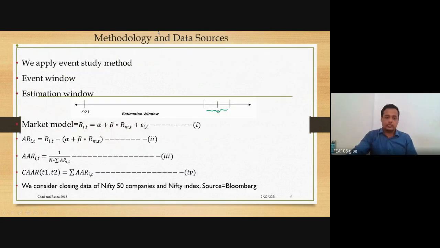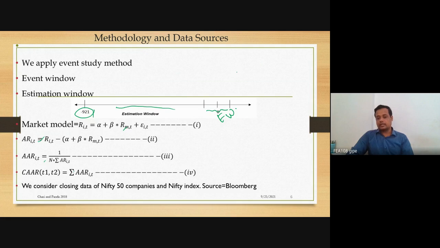So if you come here, in one case, suppose 921 days you are taking as estimation. Minimum 200, 240, 250 you can take. You can take a longer period, but this will be your estimation window. Then this will be your event window. Now you apply the market model, get the abnormal return, then the average abnormal return, then the cumulative average abnormal return.